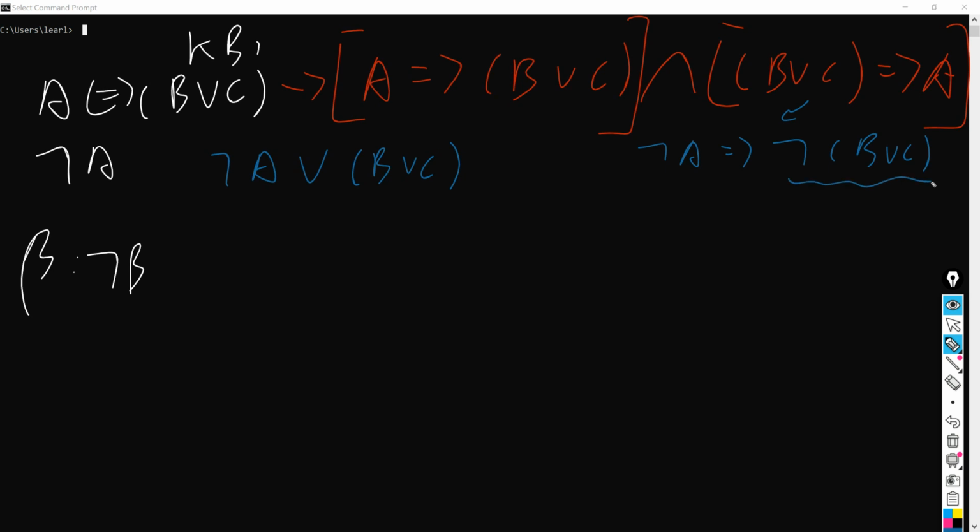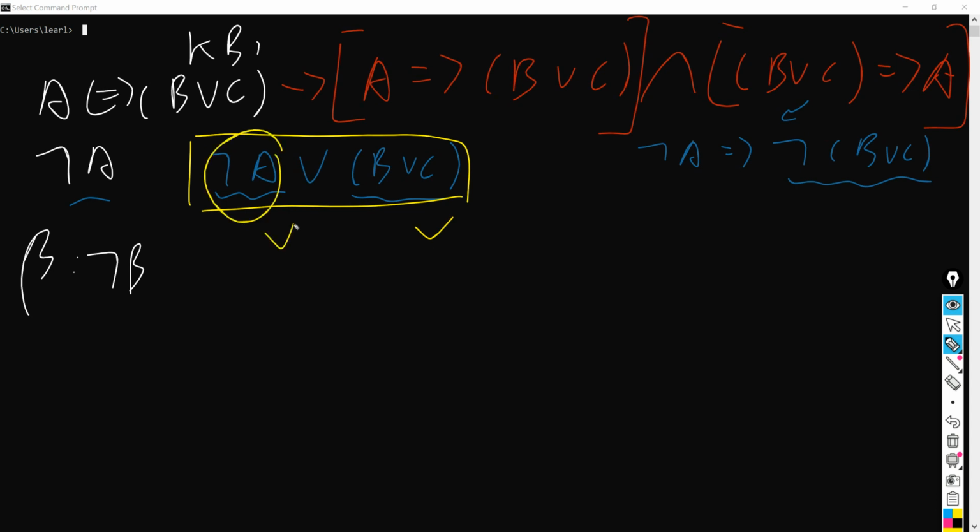Okay, so first of all, if this is true, we know not A is true here. So we cannot say anything about the B or C, since we know this whole term is true.